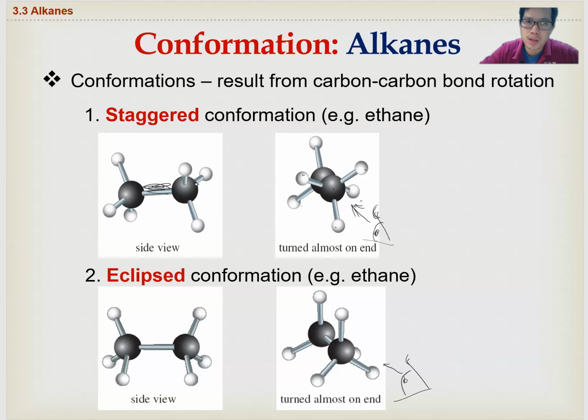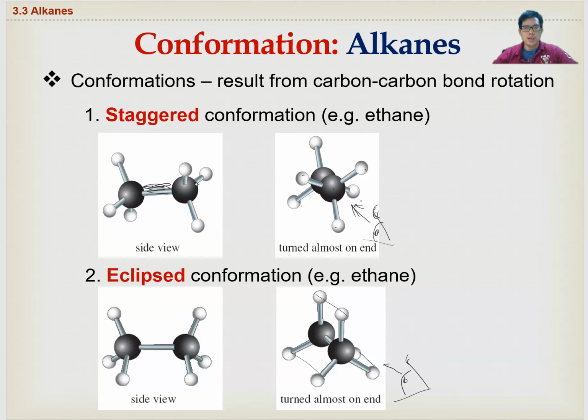For staggered and eclipse, there are 2 possible conformations here. But which one do you think will exist most? In this case, it will be staggered. As I mentioned, staggered is the most stable conformation with the lowest energy.